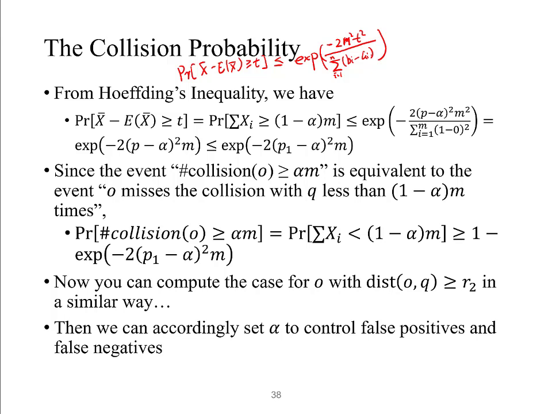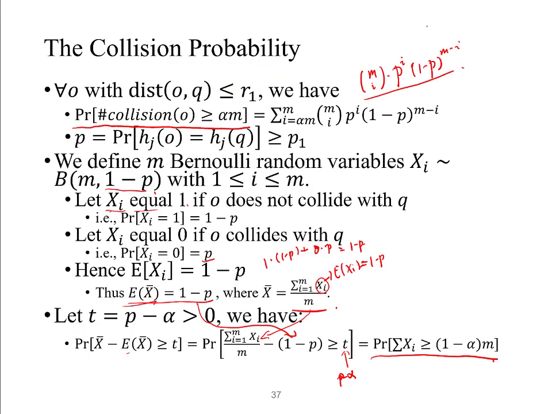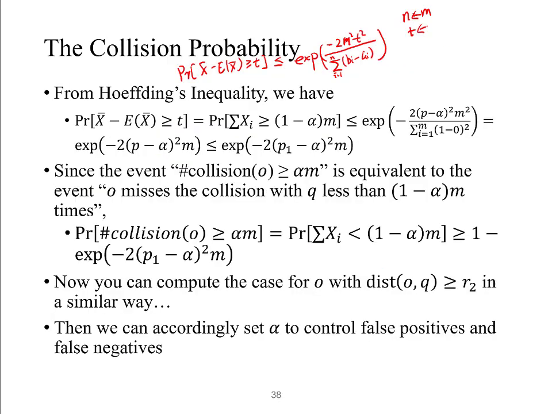In our case, n is m, and t, as we defined before, is p minus alpha.